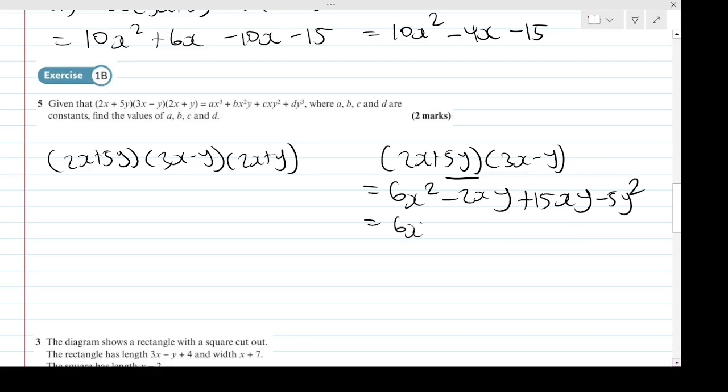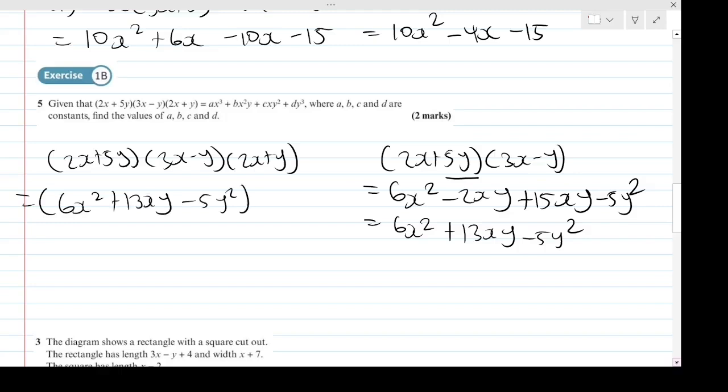So we have 6x squared, then minus 2xy and 15xy gives plus 13xy, minus 5y squared. Cool. So now we worked out the first set of brackets. So this will go to 6x squared plus 13xy minus 5y squared times by 2x plus y.